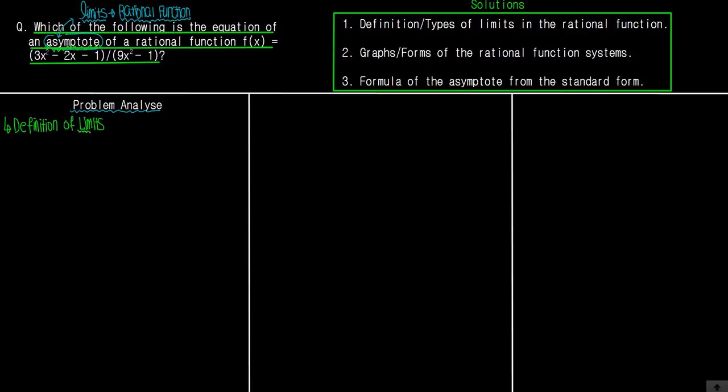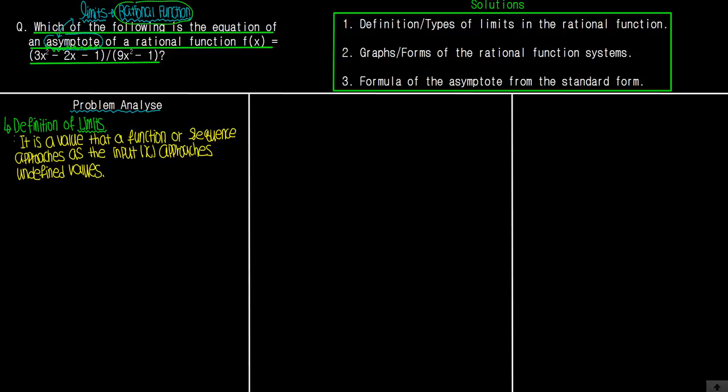The definition of limits is the most essential thing in a rational function. The definition is that a limit is always a value. That means there is a specific value that a function or a sequence approaches.